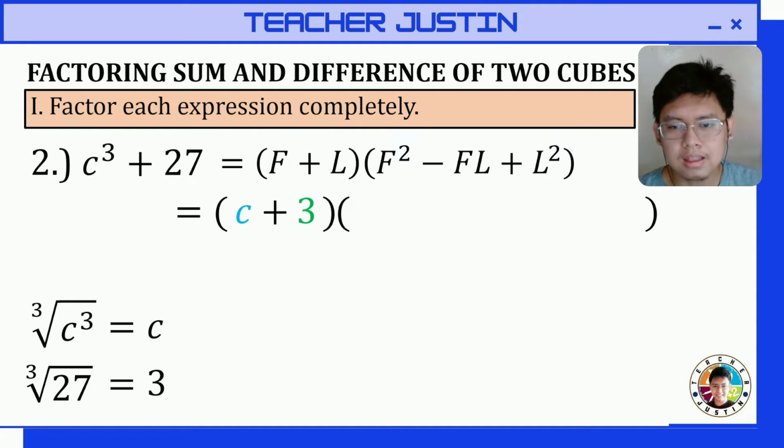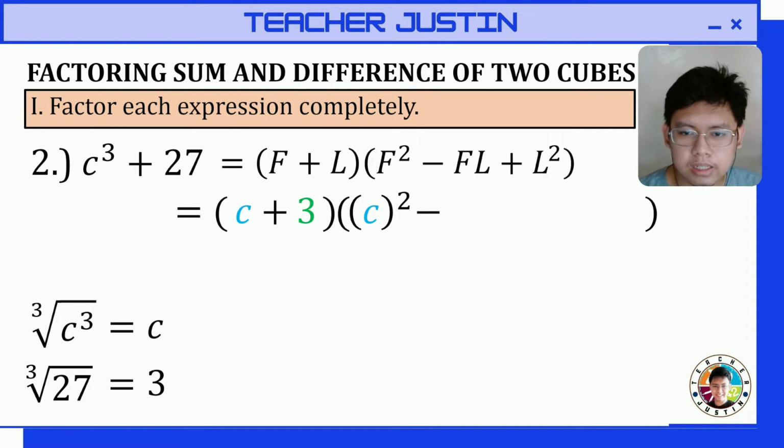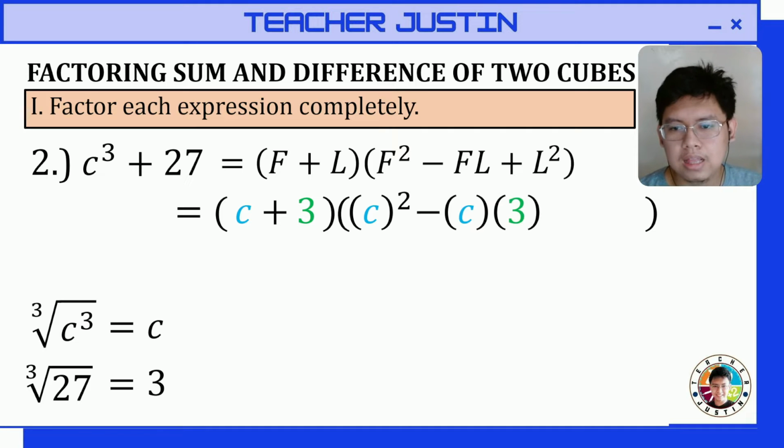Okay. Then, let's substitute our value. So, f squared, so it will be represented as c squared minus f and L. Multiply lang natin si c at si 3. And last one plus L squared. So, i-square lang natin si last term, which is si 3.